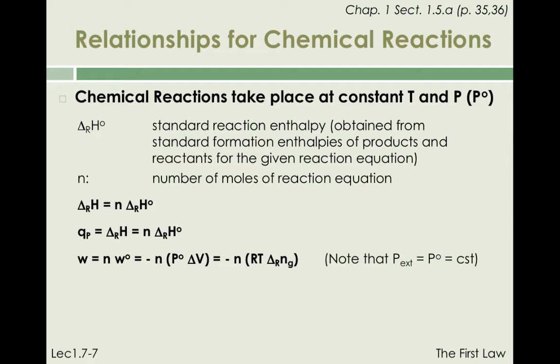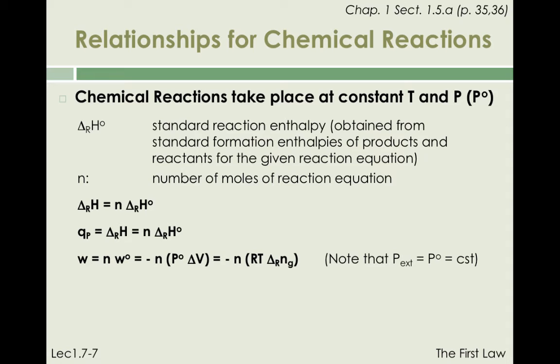We demonstrated that the molar volume of gases is much larger, about 1,000 times or so, than the molar volume of liquids and solids. So when we calculate the volume of reactants and products, we neglect the volume occupied by liquids and solids, and only account for the volume of gases. So we can replace V reactants by V gas reactants, and do the same for V products.